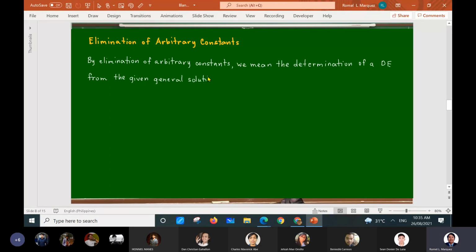Okay, guys? From the given general solution, okay? So that's what we mean by elimination of arbitrary constants.